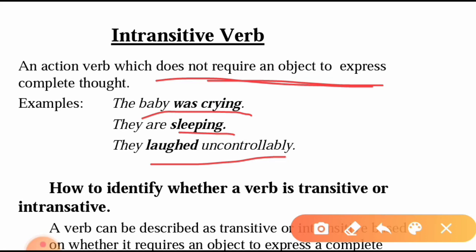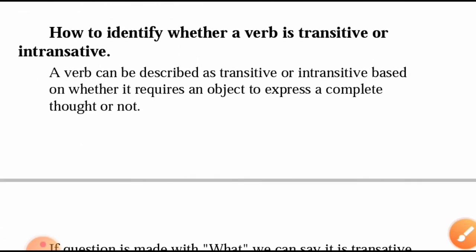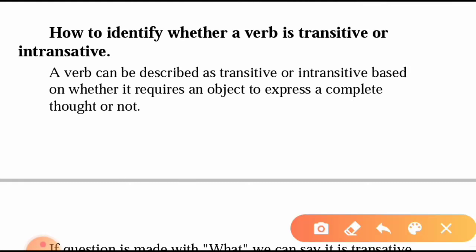Now the question arises: how can we identify whether a verb is transitive or intransitive? This is the first point that you need to remember. A verb can be described as transitive or intransitive based on whether it requires an object to express a complete thought or not.